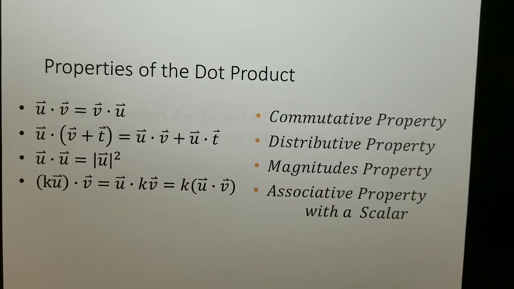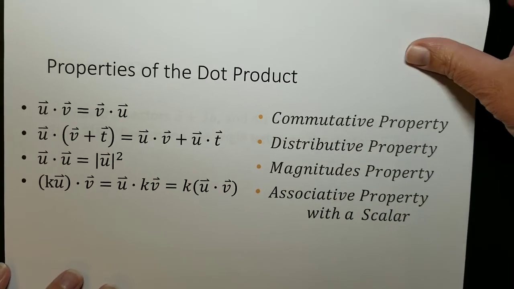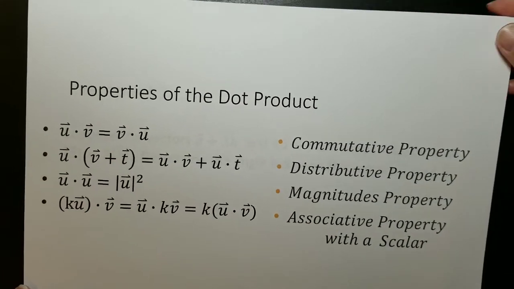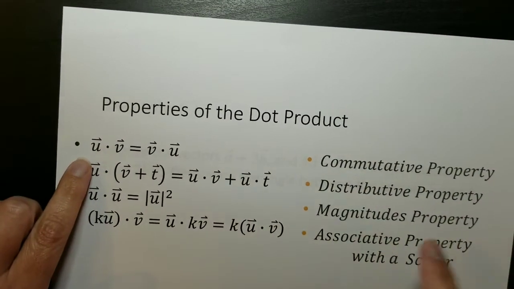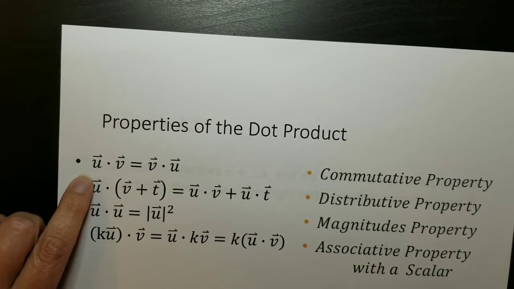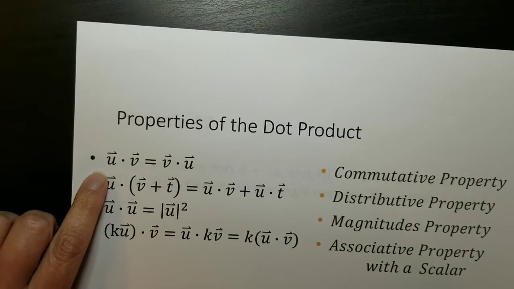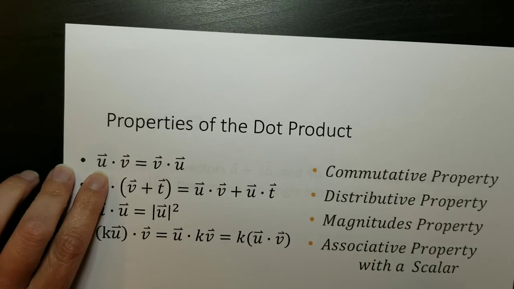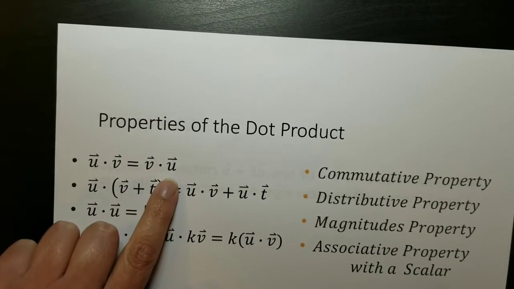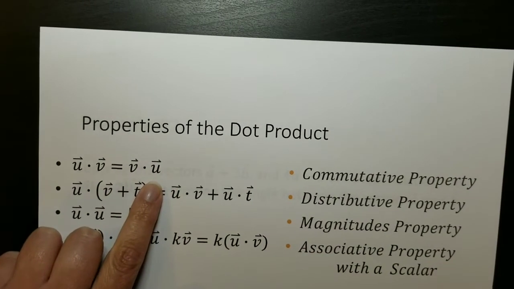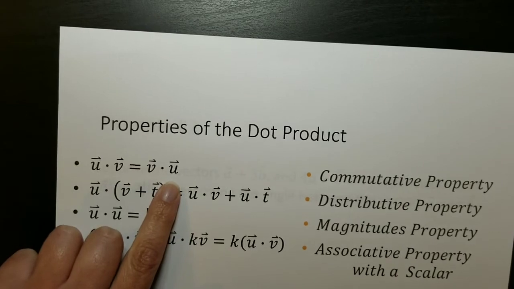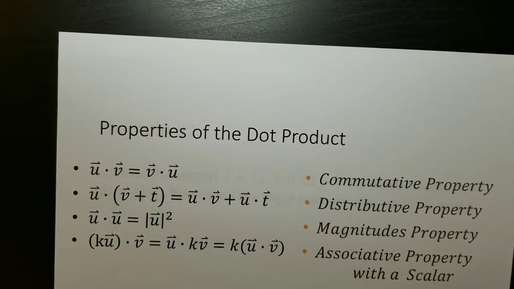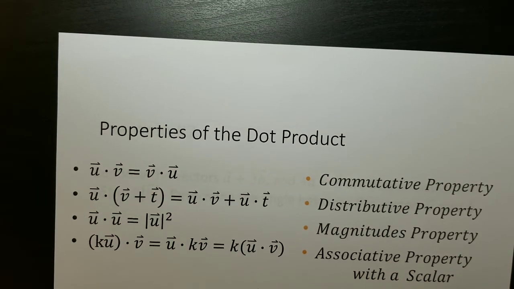Just to summarize some other properties here of the dot product. The first one we talked about in that early example, that we have u dot v is equal to v dot u. That's called the commutative property. You are able to swap the order when you're doing dot product and it doesn't change the answer.